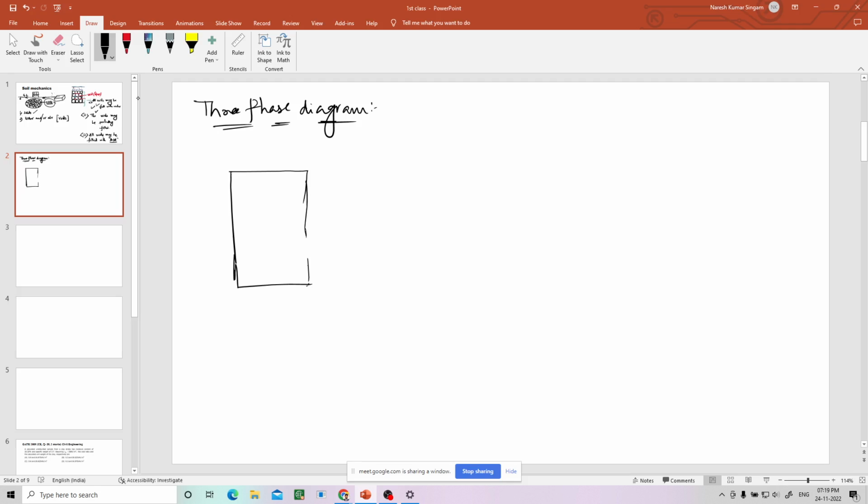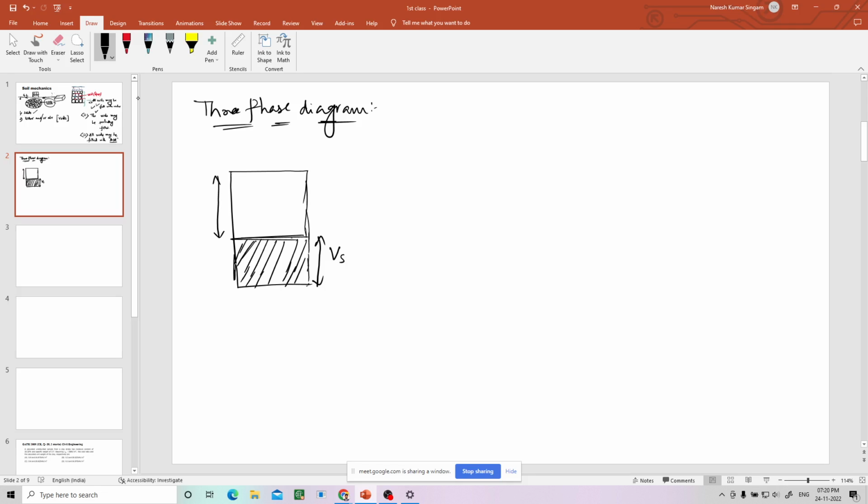Just taking a rectangle. There will always be soil solids, so I'll dedicate this volume to the solids. This is, let us say, the volume of solids.